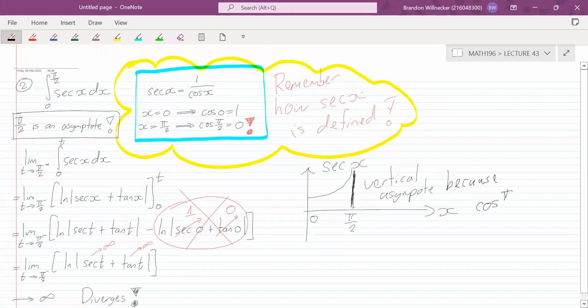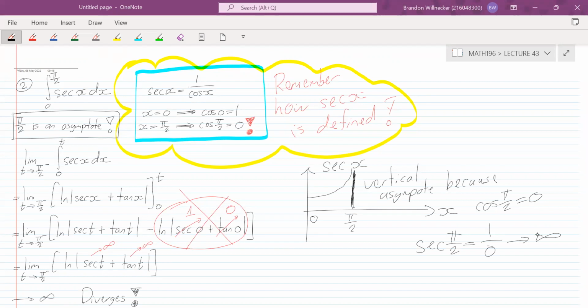There's a vertical asymptote because cos of pi over 2 is 0. So sec of pi over 2 will be 1 over 0, but that goes to infinity. You just need to know that cos goes to 0 at pi over 2, which means sec goes to infinity. This is how we know if there's an asymptote.